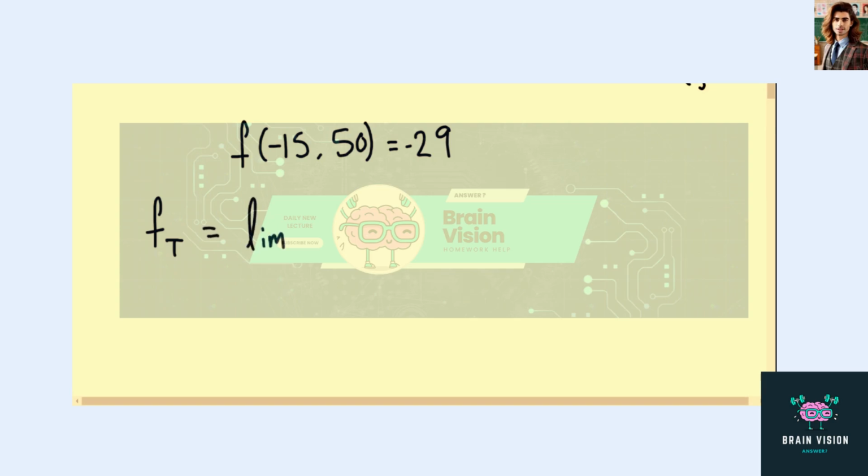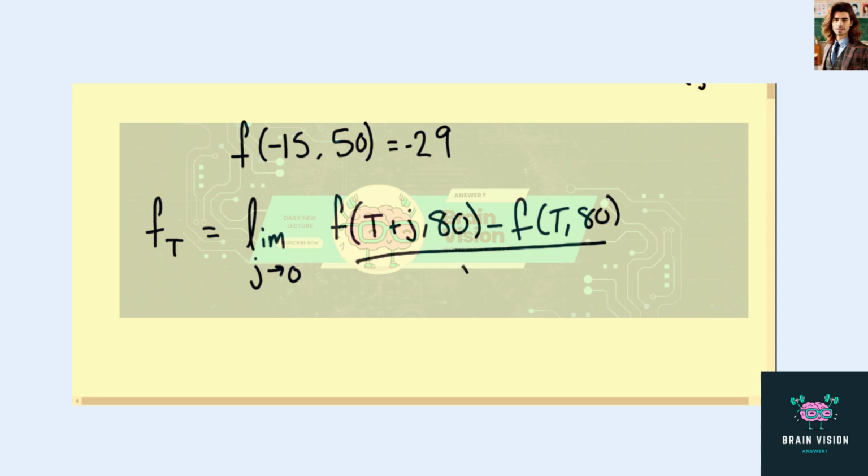So this would be equal to the limit as j approaches 0 of our function f at temperature plus j, keeping wind speed the same, minus f at t and 50, over j, right? So this is just the definition of a derivative. But we can plug some of these values in here.